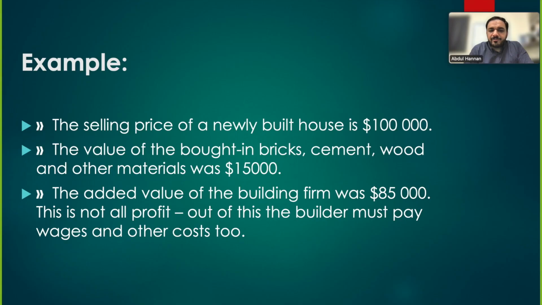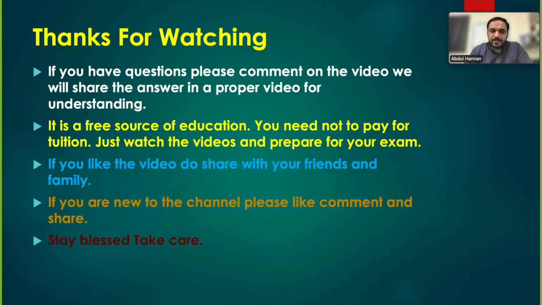The value of the bought in bricks, cement, wood and other material was $15,000. The added value of the building firm was $85,000. This is not a profit. Out of this, the builder must pay wages and other costs too. When he subtracts all the operating expenses from 85,000, he will get the net profit for the business. This is all about this chapter.